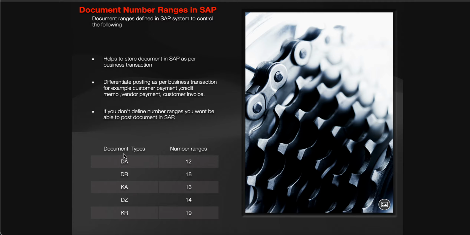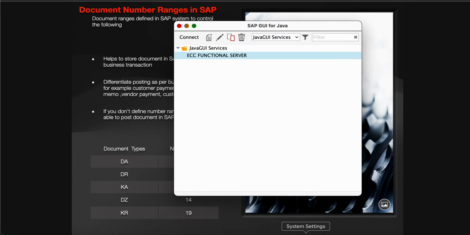I will take for example a simple DR. DR is nothing but a number has been assigned which is 18. Correct. Now I will go to the SAP. I will open the SAP.